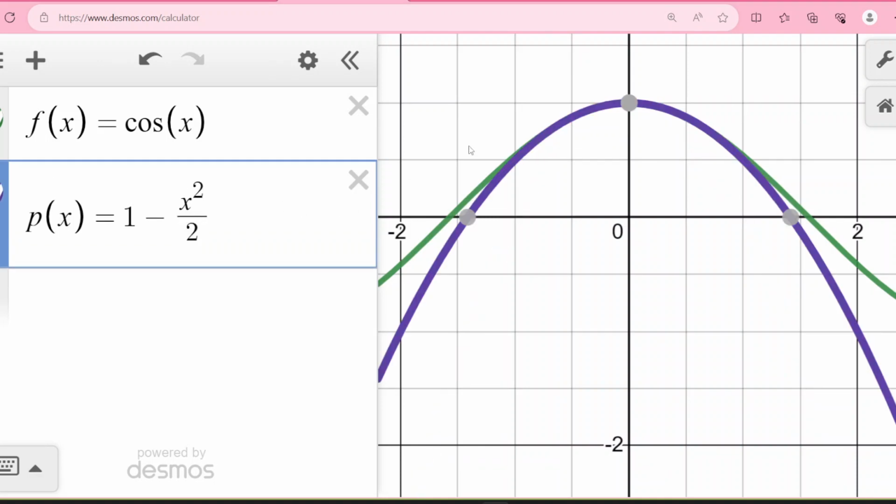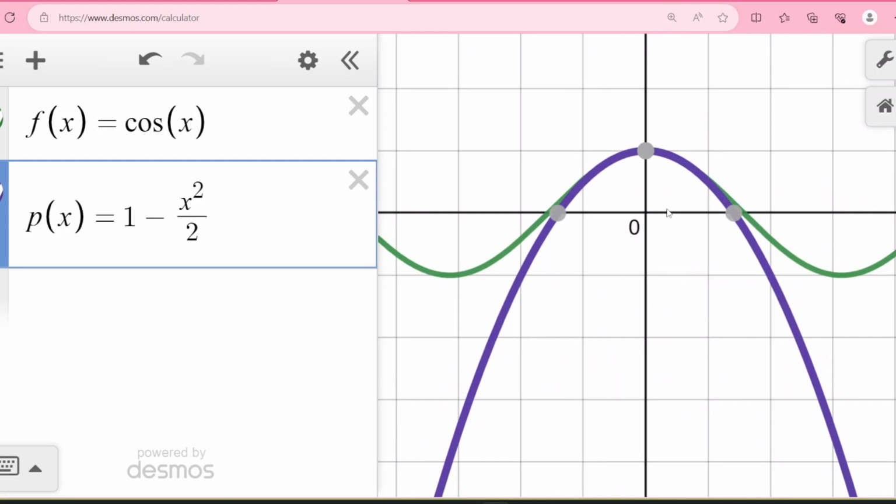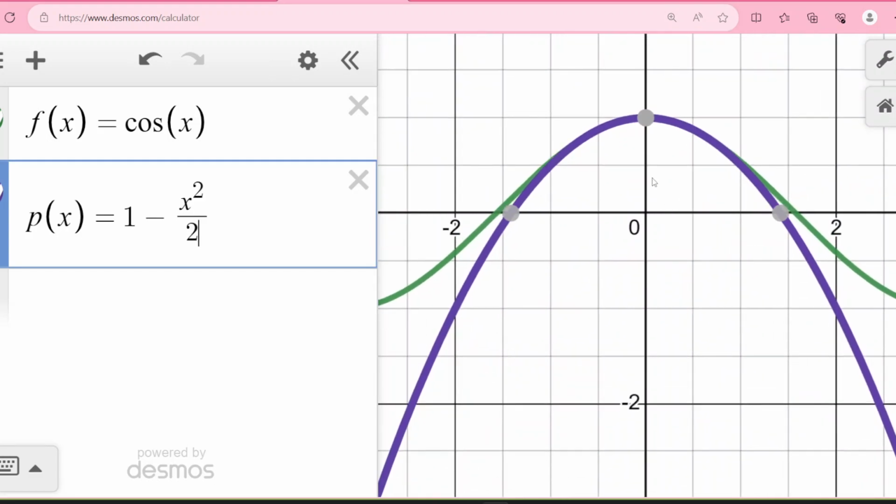And even that, you see how near 0, that's a pretty good approximation to the cosine curve. But then, the further away from 0 you get, it's not so good. It's deviating from the cosine curve quite a bit. But near 0, it's not bad.